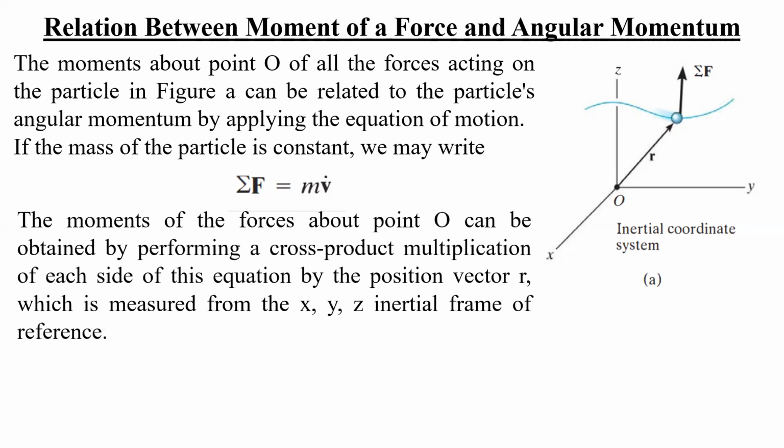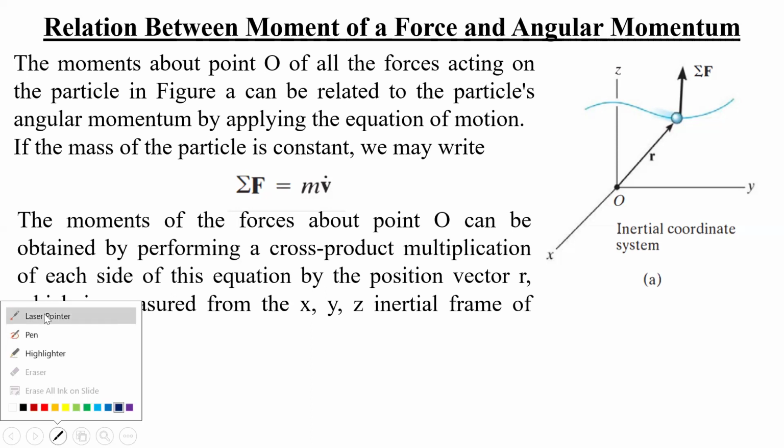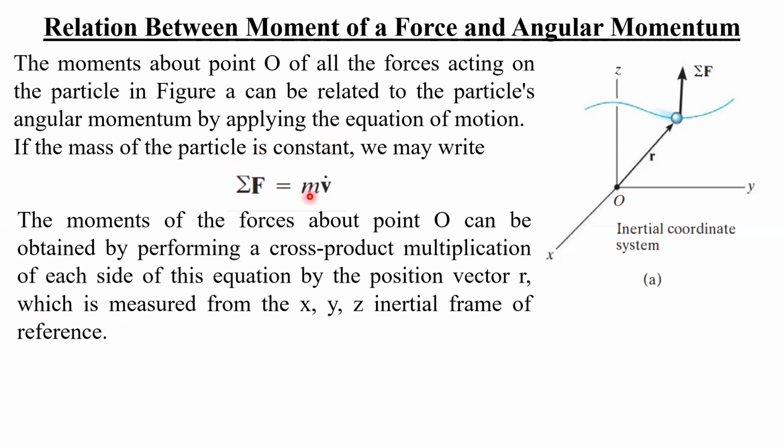The moment of the forces about O can be obtained by performing a cross product multiplication of each side of this equation by the position vector R, which is measured from the XYZ inertial frame of reference.